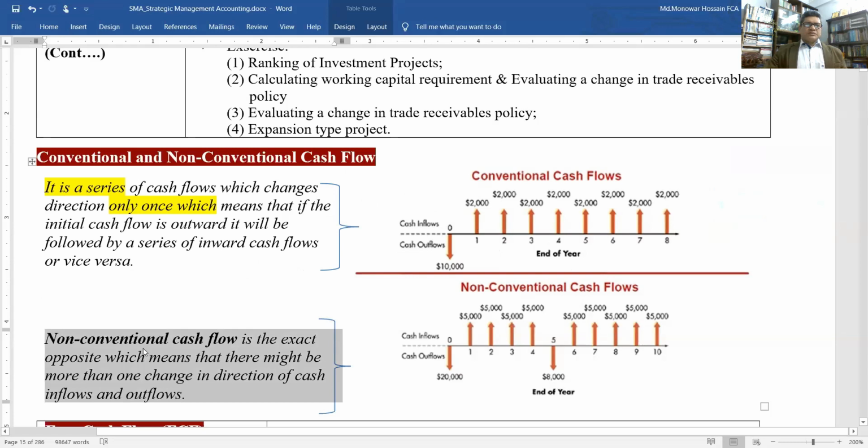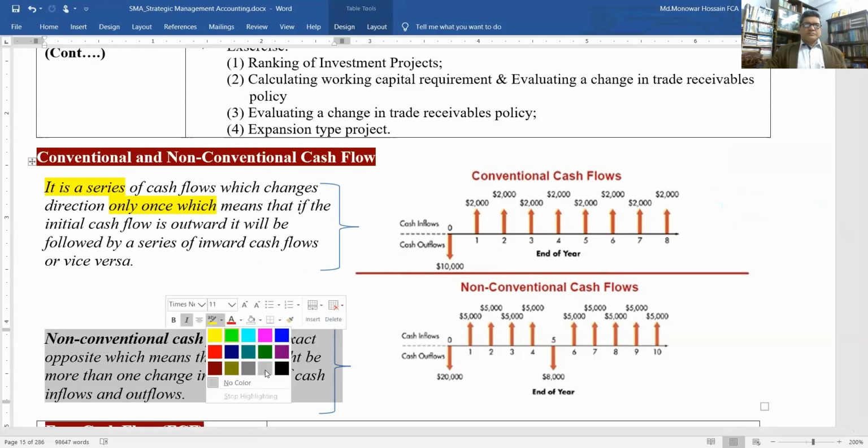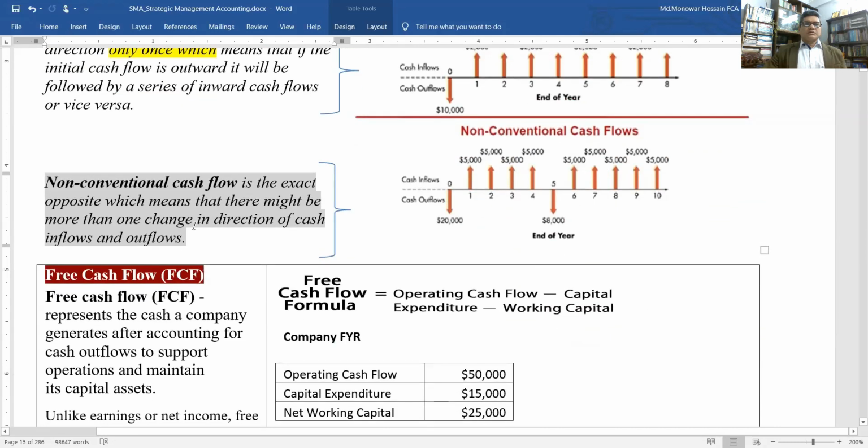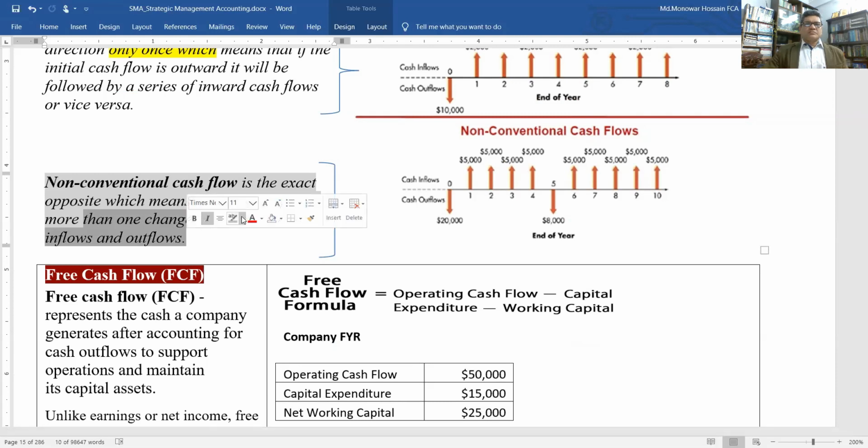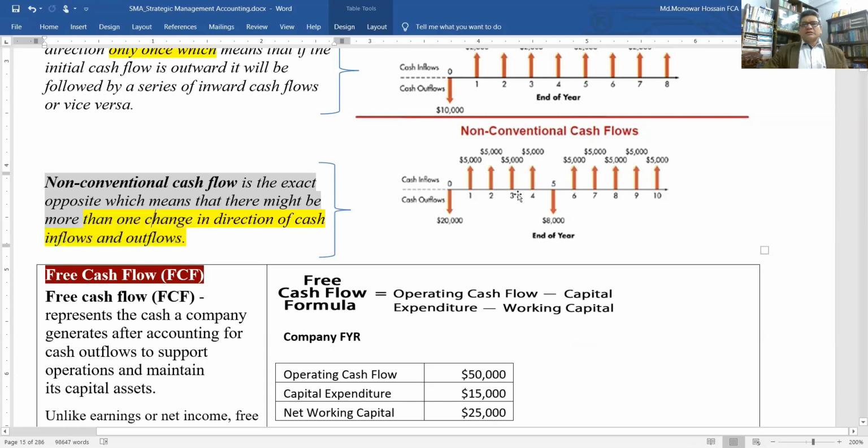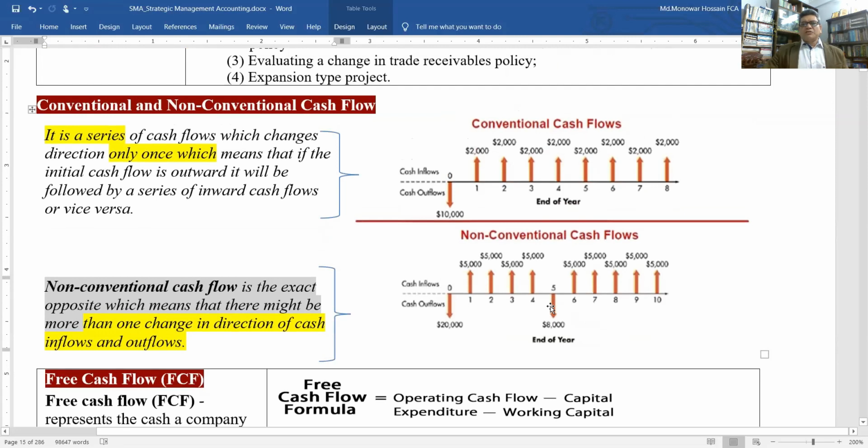Non-conventional cash flow is the exact opposite, which means that there might be more than one change in the direction of cash inflow or outflow. Okay, look here, non-conventional cash flow.